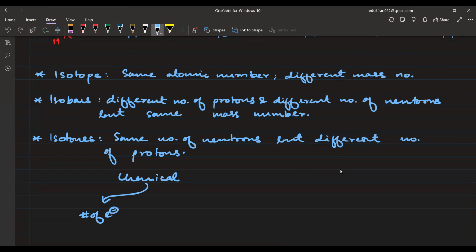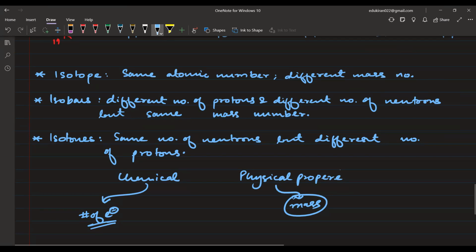That is why the chemical properties are same, but physical properties, for example melting point, boiling point, solubility, are the major physical properties. They will differ because they all depend on the mass.